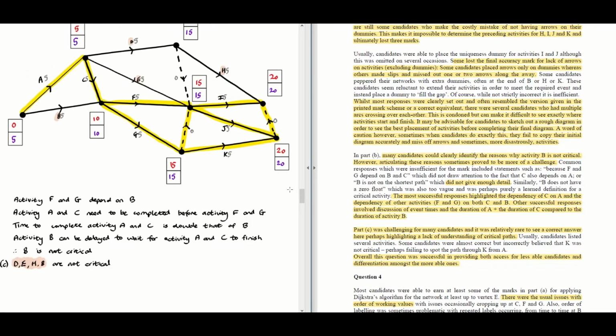So although it's only worth 1 mark, I think a diagram would help in this situation. And that's sort of said over here. Some candidates were almost correct but incorrectly believed that K was not critical, perhaps failing to spot the path through K from A. So for a critical path you have to go through K, essentially.